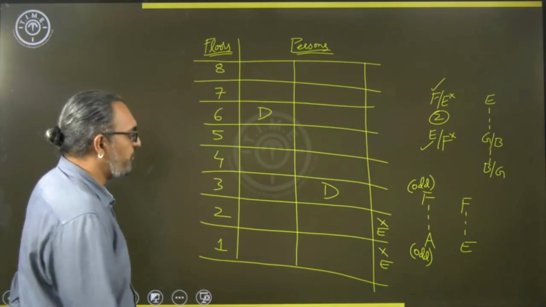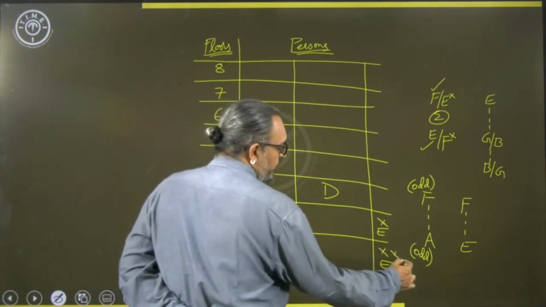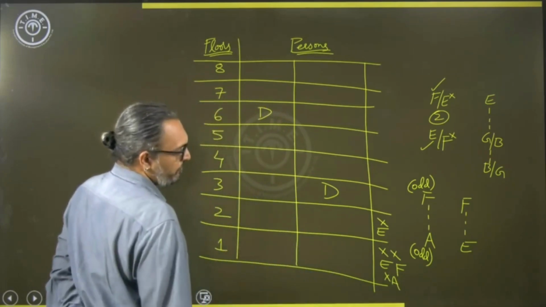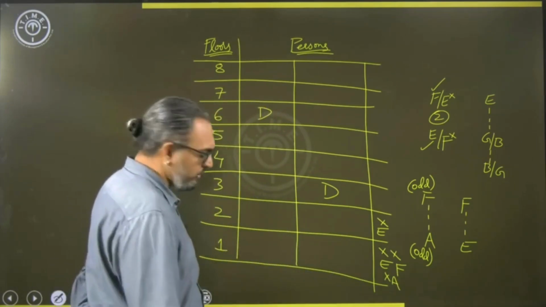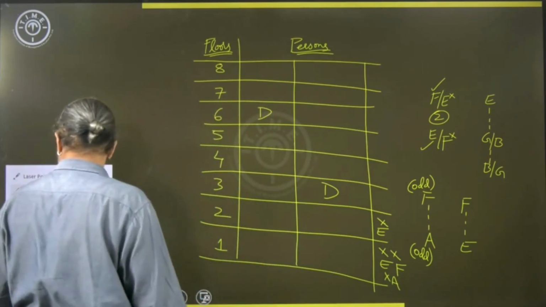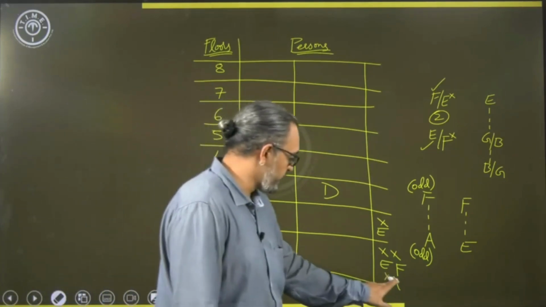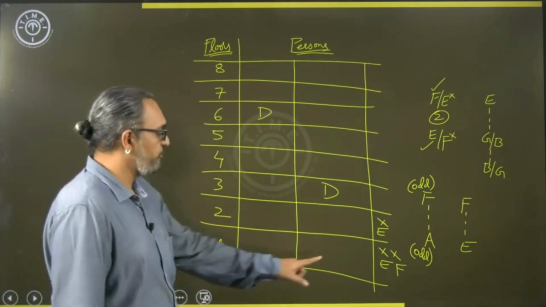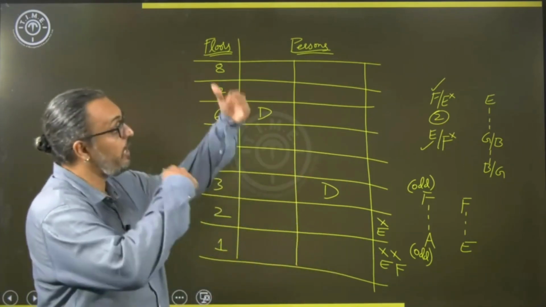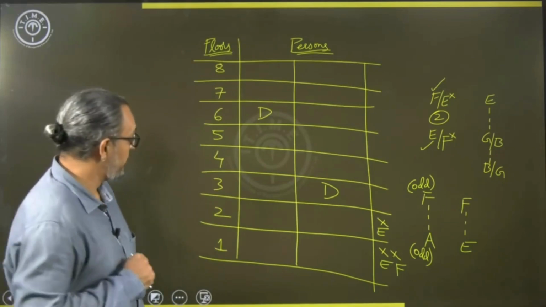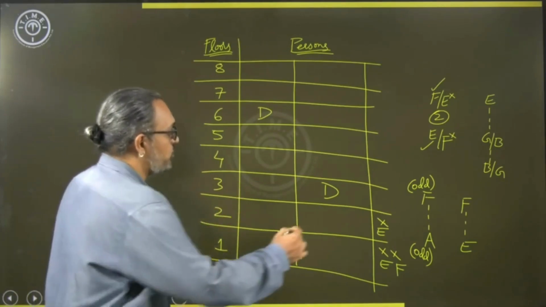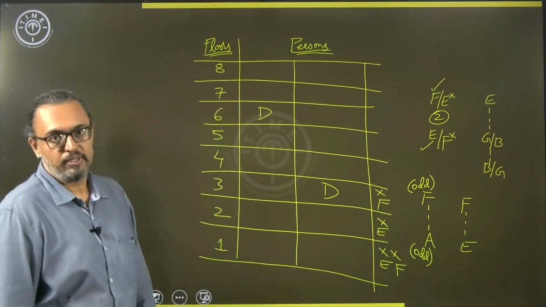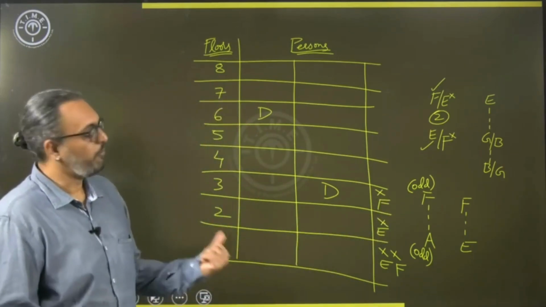So let's see. Now obviously you cannot have F, you cannot have A, okay, or maybe you can have A, but for now we remove F. Let us concentrate on F first. So for now I can say that you cannot have F on the first floor, because F has to be above E, correct? Then I cannot take F also on the 3rd floor, because F has to be in an odd number.